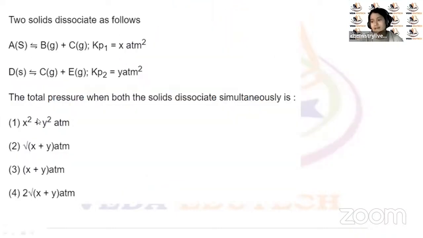Probably this is your last question. Let us see what is given here. Just read it for a moment, then I'll solve this.